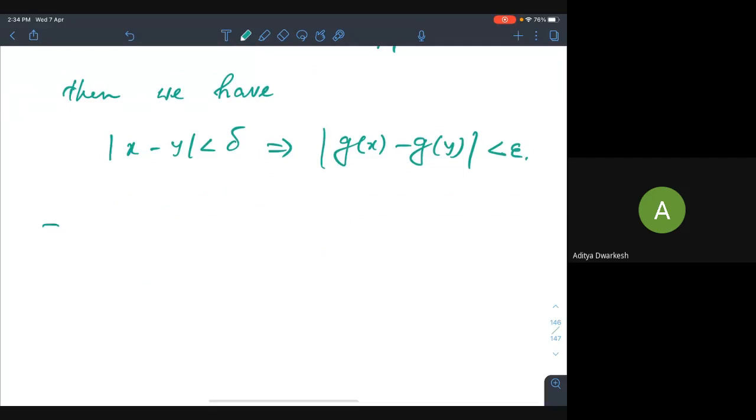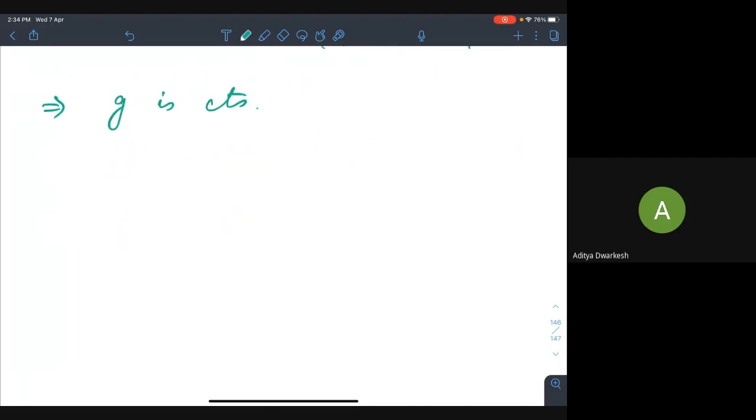Which means actually not just continuous, it is uniformly continuous. So G is continuous, and a continuous function on a compact set is uniformly continuous. So in any way, this would be uniformly continuous. Right? So is the proof clear?